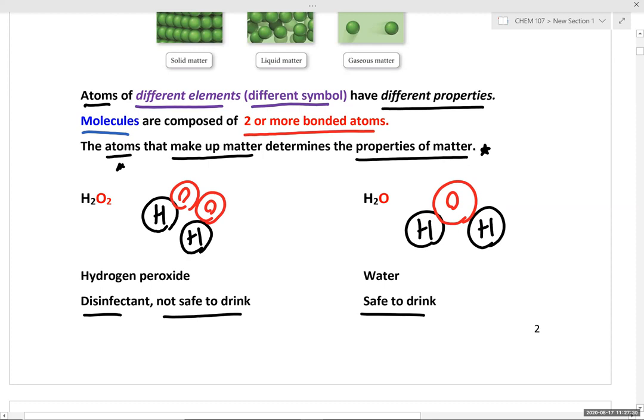And depending on the atoms that make up matter, the properties of matter change. A key example, hydrogen peroxide has very different properties than water. So this is an introduction to the thought process that chemists use. We look at the subatomic and the fundamental atomic composition of matter in order to understand the behavior of matter.